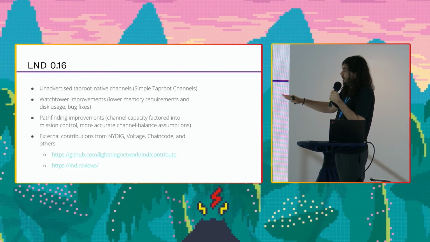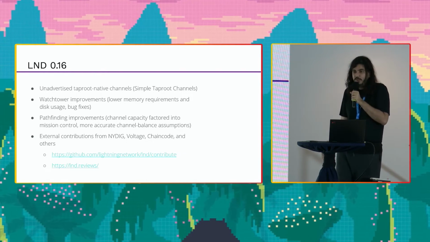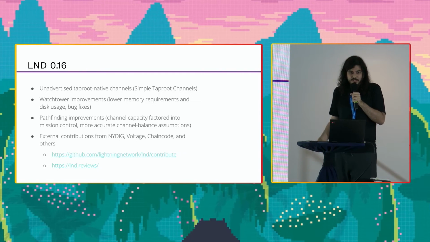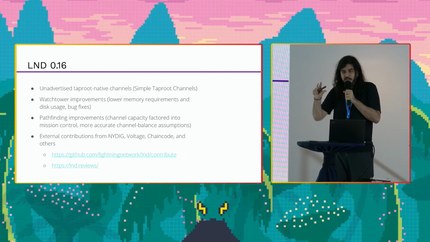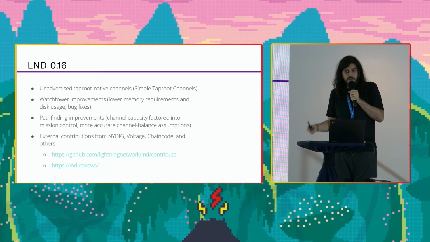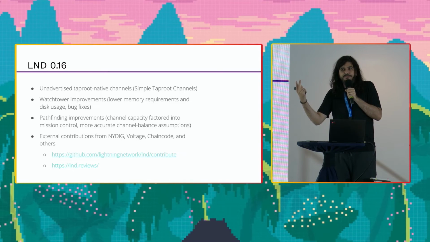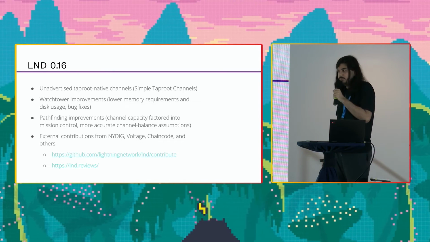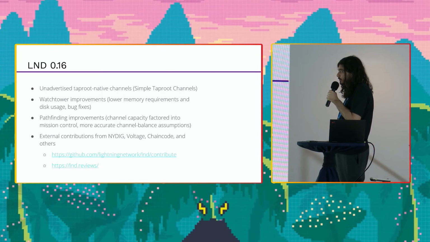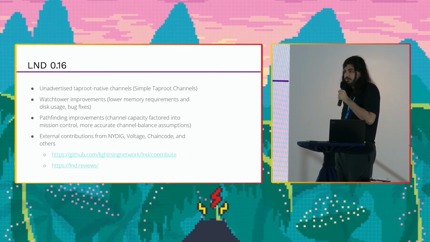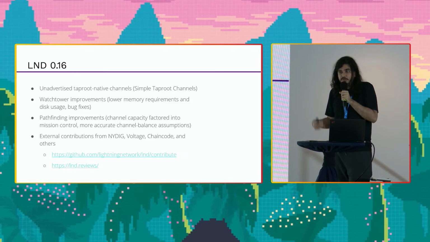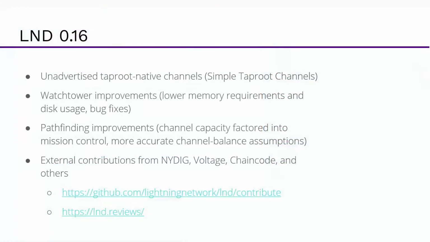These unadvertised Taproot native channels will be in LND 0.16 because that's not touching all the interoperability between all the different node implementations. But Spiral is also working on Taproot, so we're working with them on the specs.